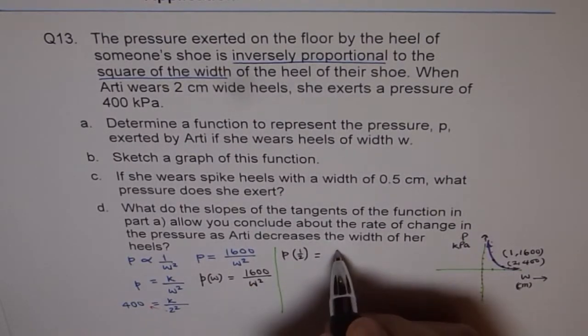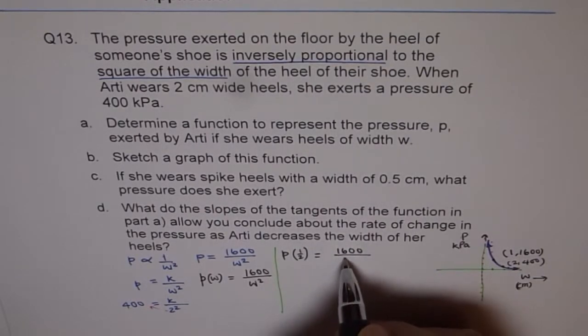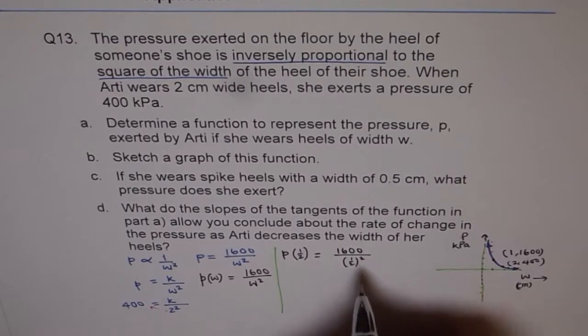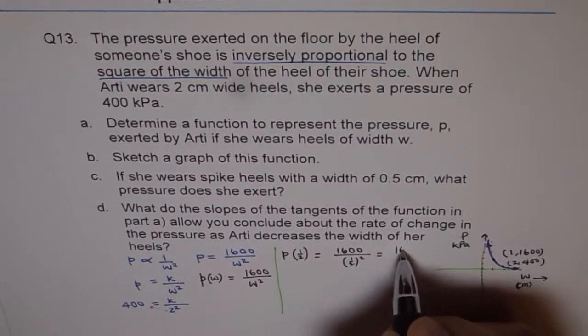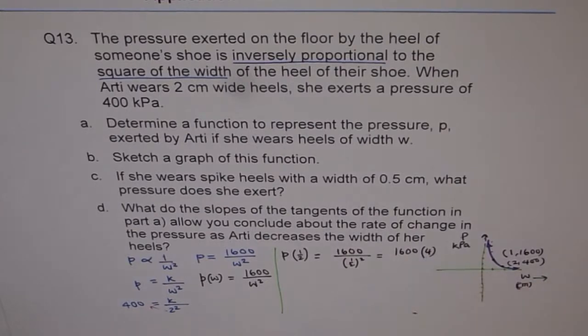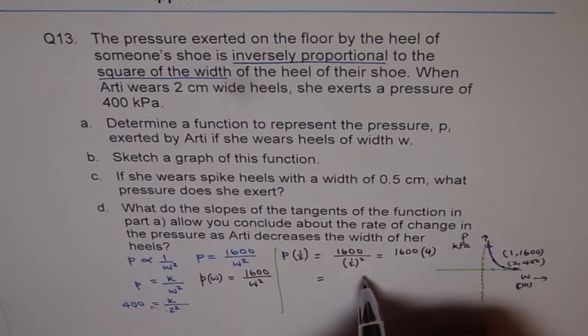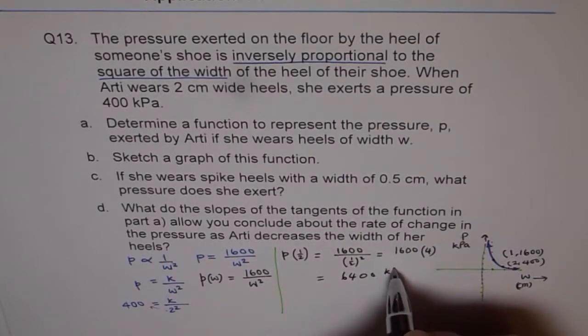So 1600 over W square, which is half square. It is as good as writing 1600 times 4, because half square is one fourth. That is the pressure which is going to be exerted, which equals 4 times 1600, so 6400 kPa.